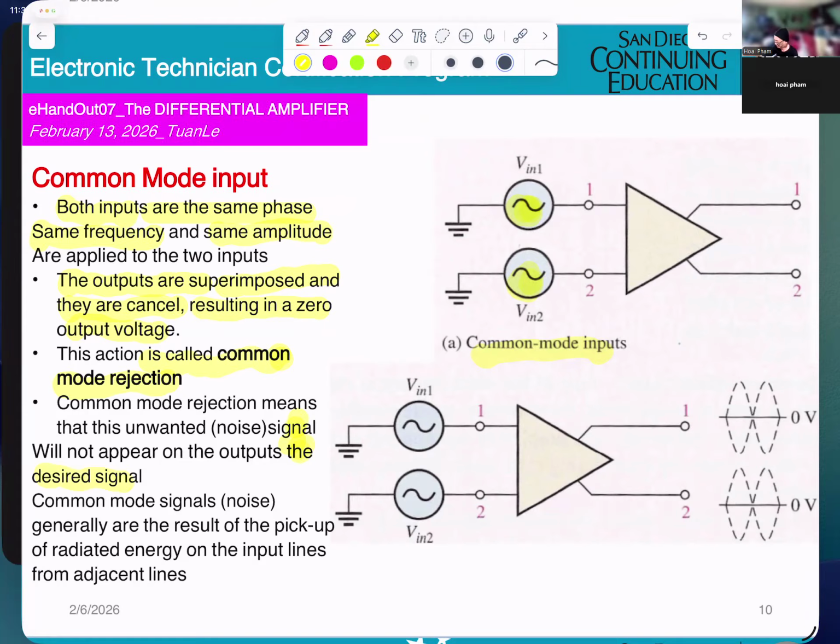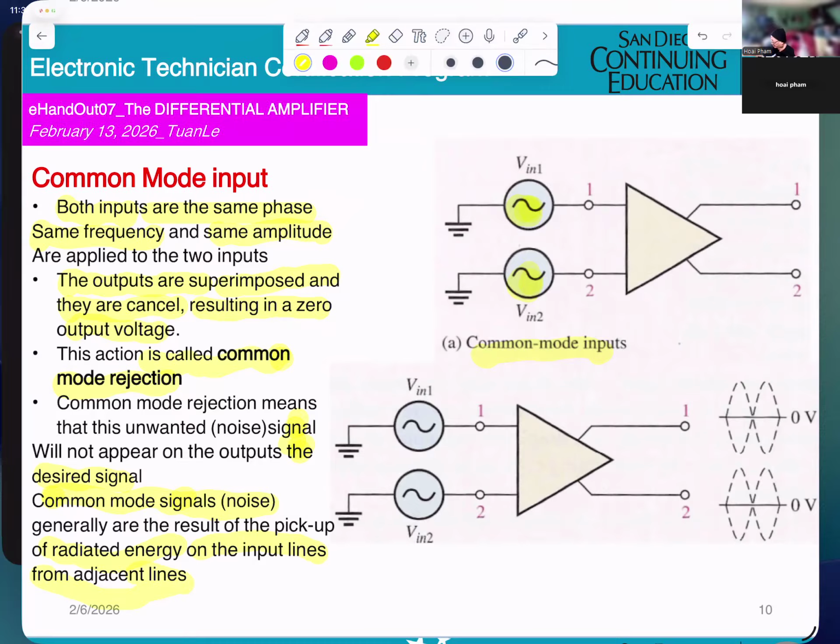That means the noise generally is the result of the pick-up of radiated energy on the input line from an adjacent line.